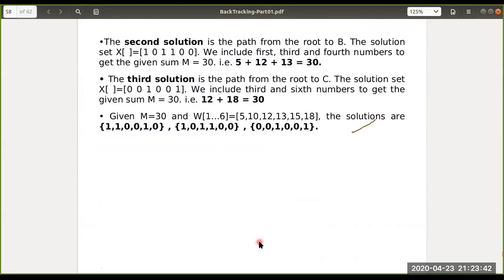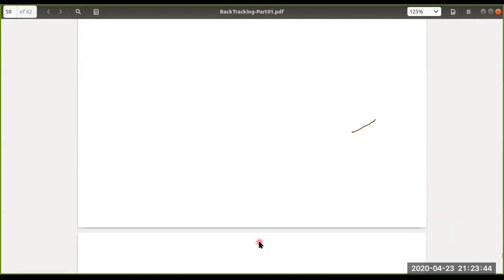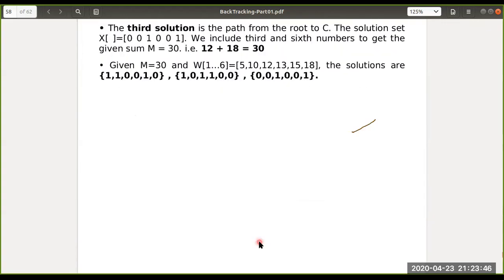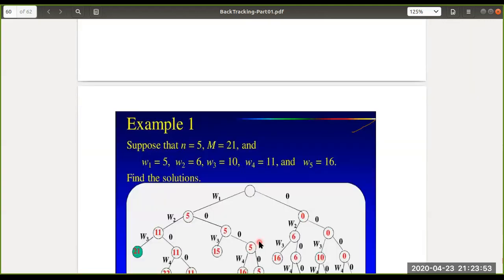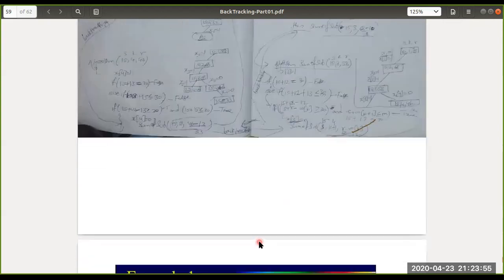So this is about the sum of subset problem by using backtracking. Our task is to analyze this algorithm and the steps.